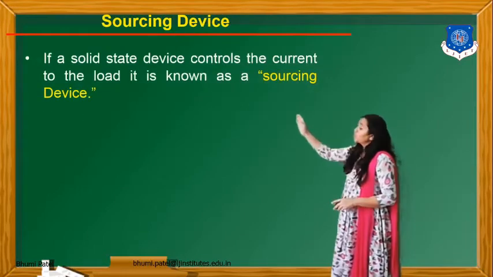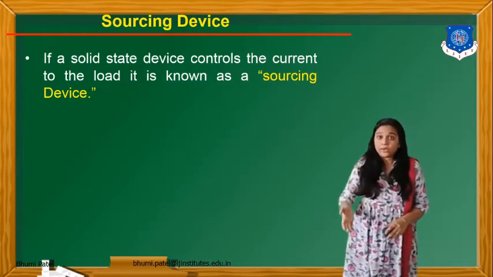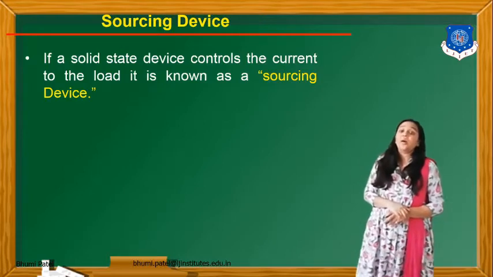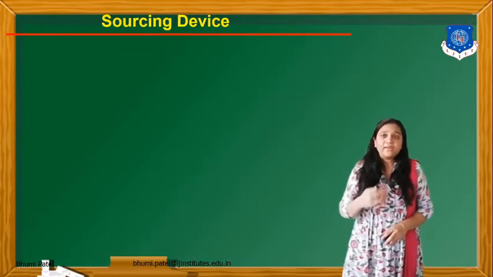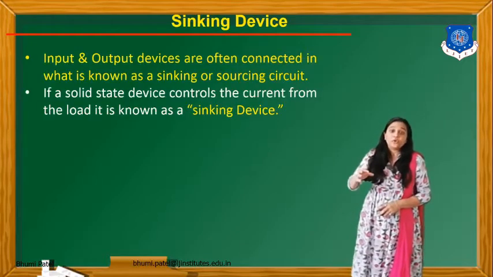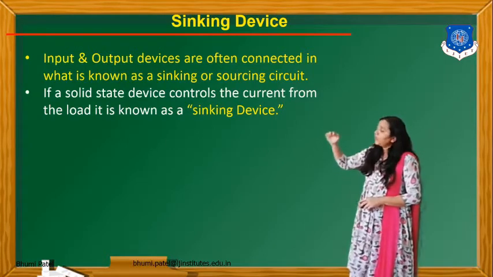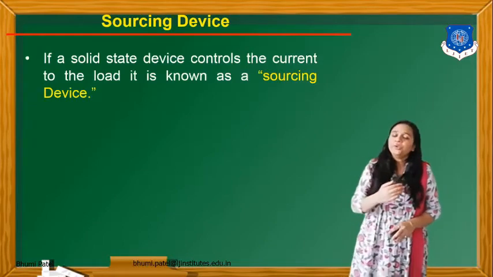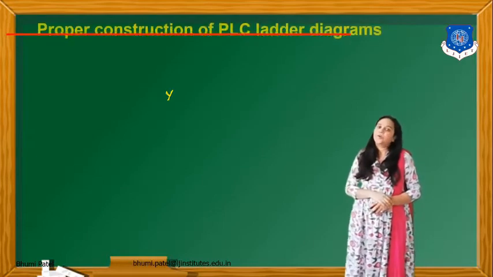If a solid state device controls the current to the load, it is known as the sourcing device. So depending upon the load, we divide the device into two parts, sinking and sourcing device. In the sinking device, we control the current from the load, and in the sourcing device, we control the current to the load.